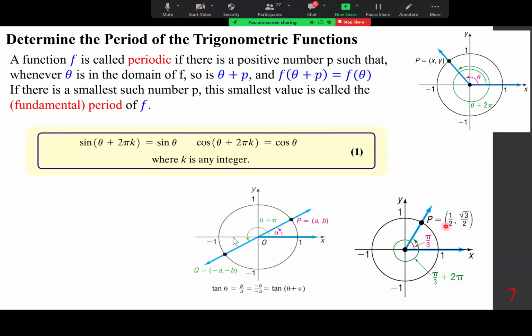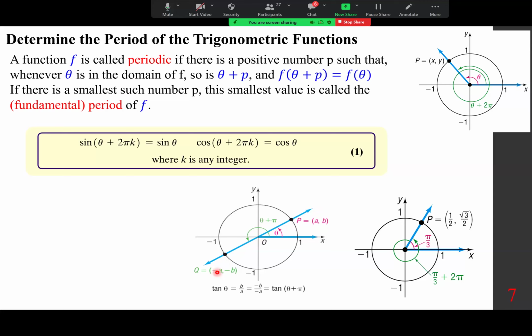So if this is theta plus pi. And what happens is, when you go with pi radians, both values here are positive in the first quadrant, meaning x and y, meaning sine and cosine. Of course, x and y, maybe you should say cosine and sine, because x represents the cosine.